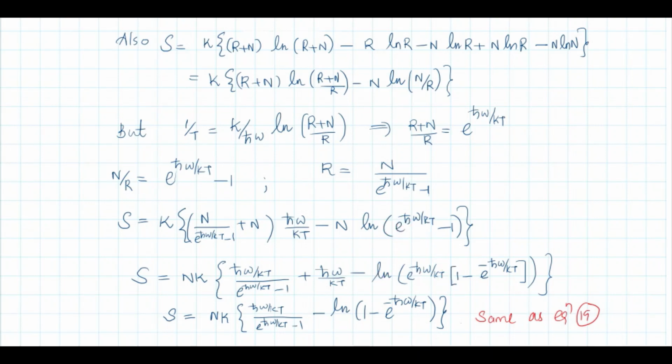The first term you will have 1, the second term you will have e raised to minus ħω by kT. Log a into b is log a plus log b, and log of exponential, this will cancel and you will get minus ħω by kT, and that will cancel with this plus ħω by kT. The remaining is minus log (1 − e raised to minus ħω by kT). This is exactly the same result we obtained from equation 19.